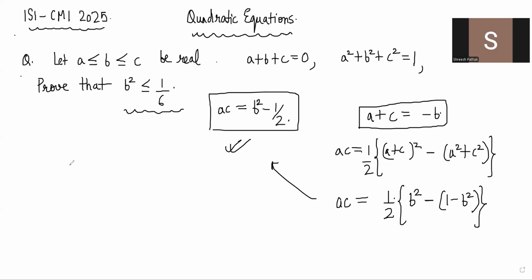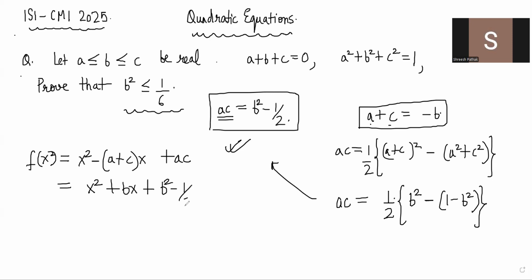Now it is good because we know A plus C and we know AC. So we can make a quadratic, right? We can make a quadratic f of x is equal to x square minus A plus C times x plus AC. So this will be x square plus Bx plus B square minus half.